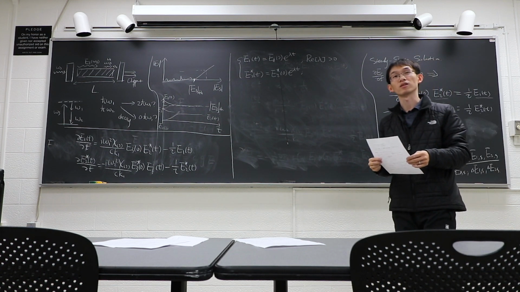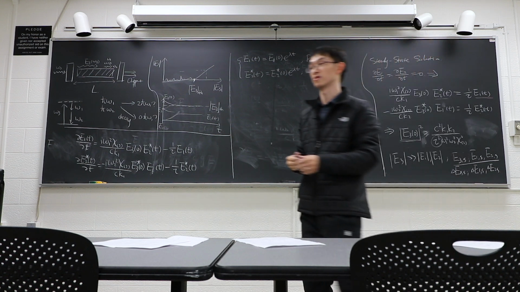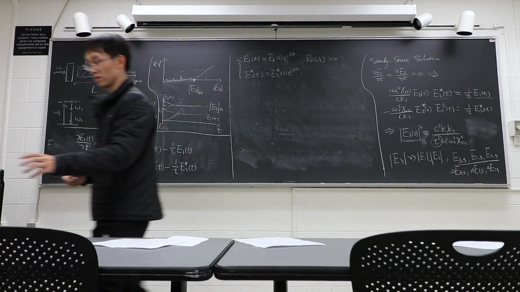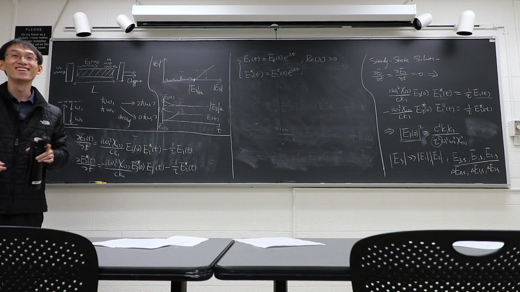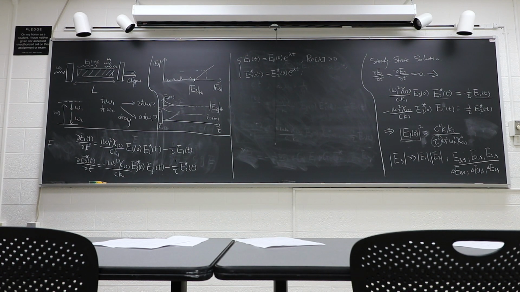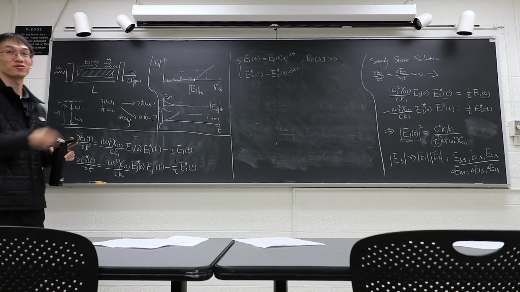No, you cannot assume it's 0. If it's 0, then everything is 0. That's actually the part that proves there's vacuum fluctuation, so there's half a photon there.